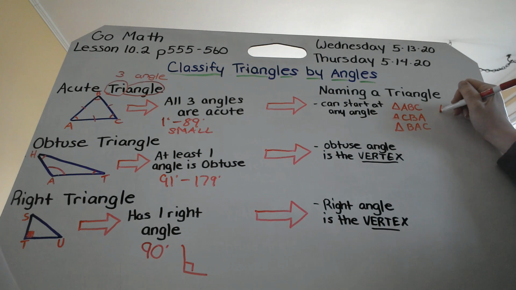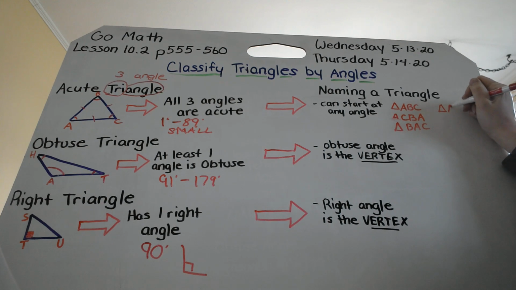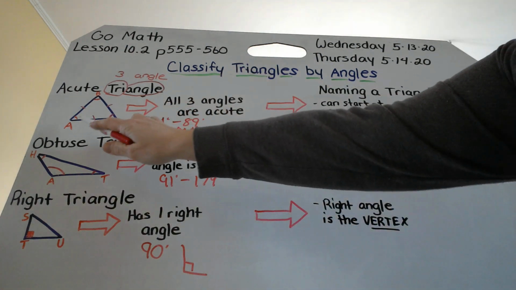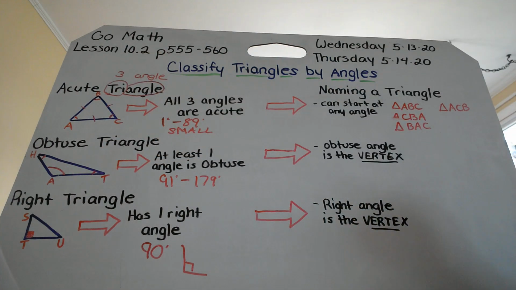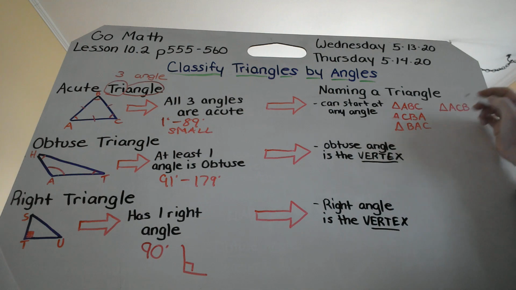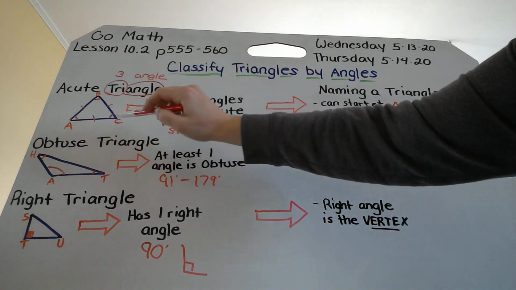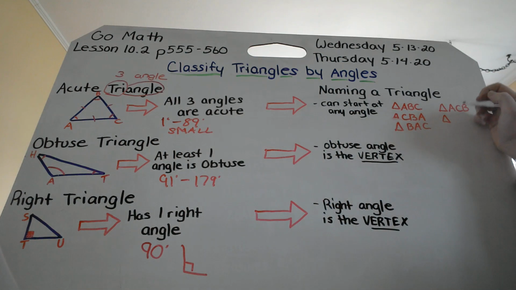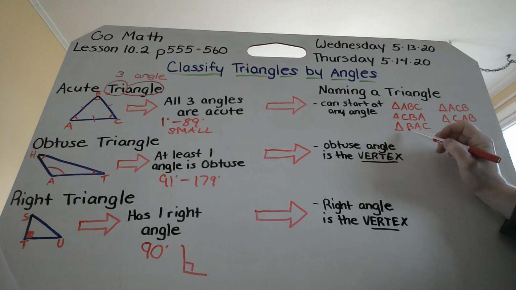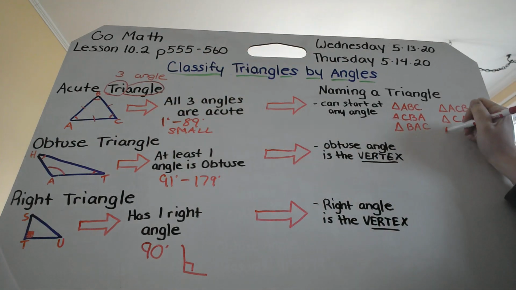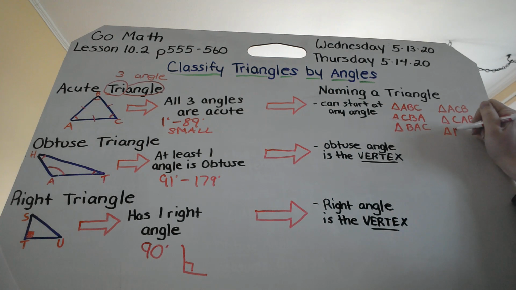Okay? We could also say that this is triangle ACB. You can go this way, ACB. This triangle, instead of CBA, could be CAB. Triangle CAB. And triangle BAC, I can go the other way, and I can say it is triangle BCA.